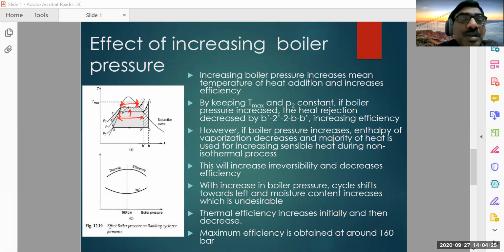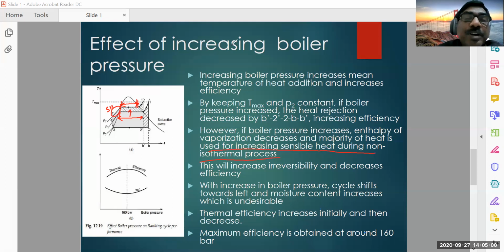If the enthalpy of vaporization is decreased, what does it mean? The majority of the heat is getting added as sensible heat. Understood? So the majority of heat is used for increasing the sensible heat during the non-isothermal process.